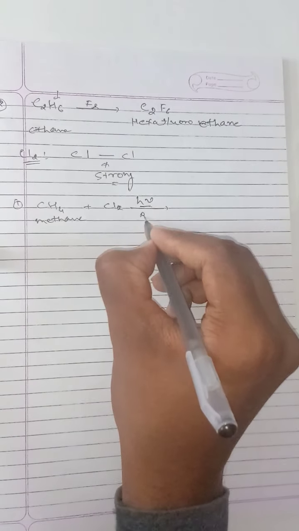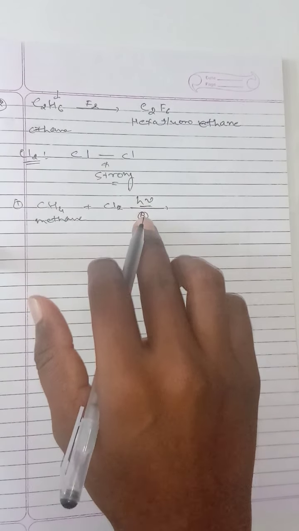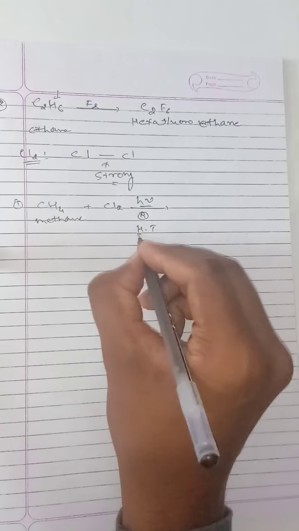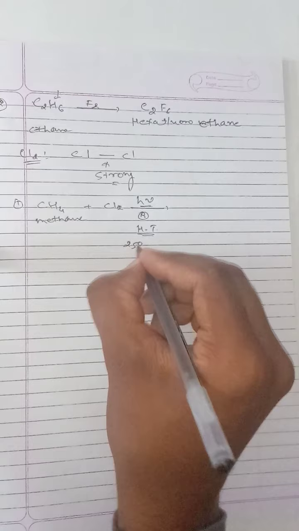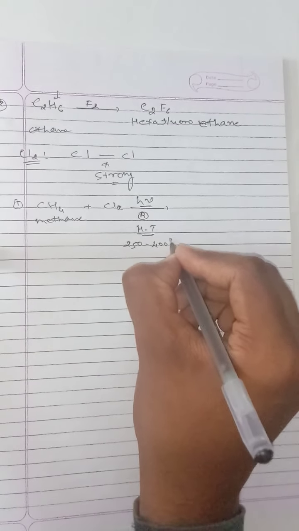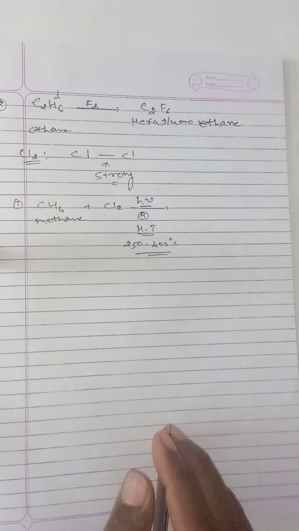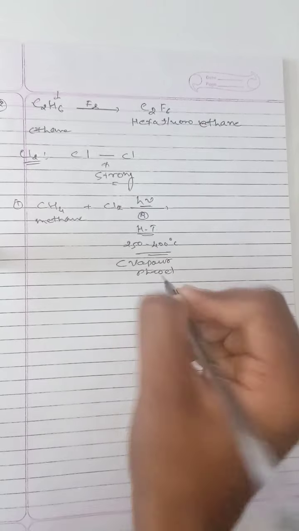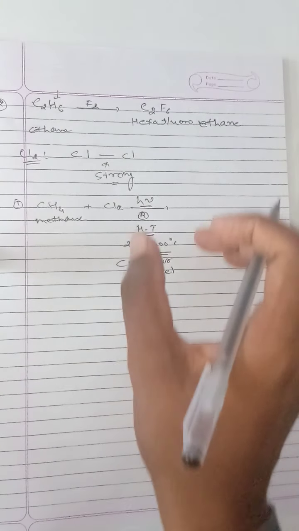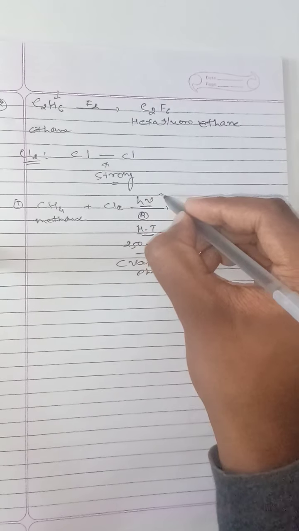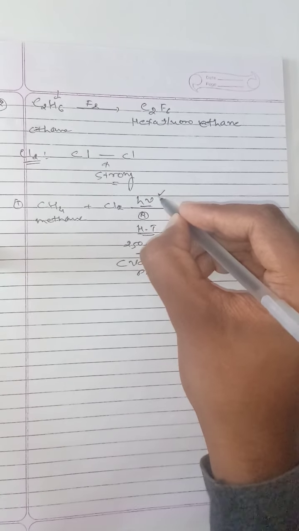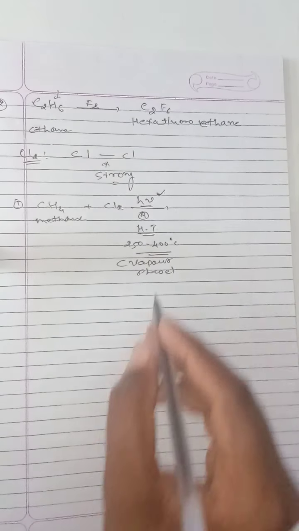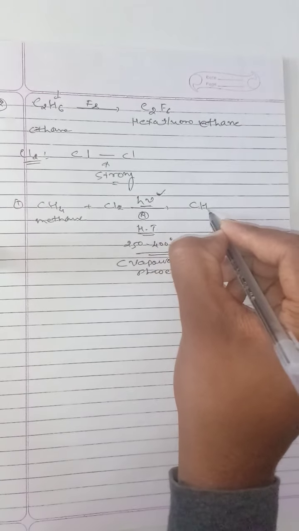But in absence of sunlight, chlorination is carried out at higher temperature, that is roughly 250 to 400 degree centigrade in vapor phase. So this is very important. Either sunlight is required or higher temperature is required. So here free radical mechanism is carried out.